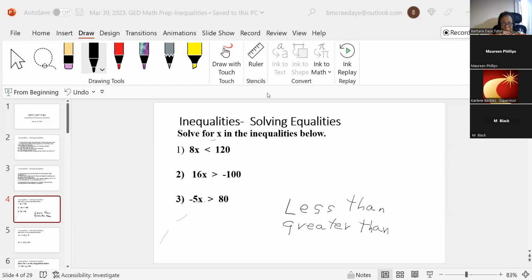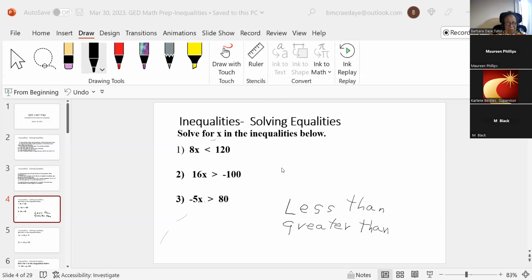Remember the opposite operations? These are all multiplications, Maureen. So what would you do to solve? Divide. That's it, divide. They're all multiplications, so you use division to solve for the X. I can't figure out number two, because it's 16x is greater than minus 11.